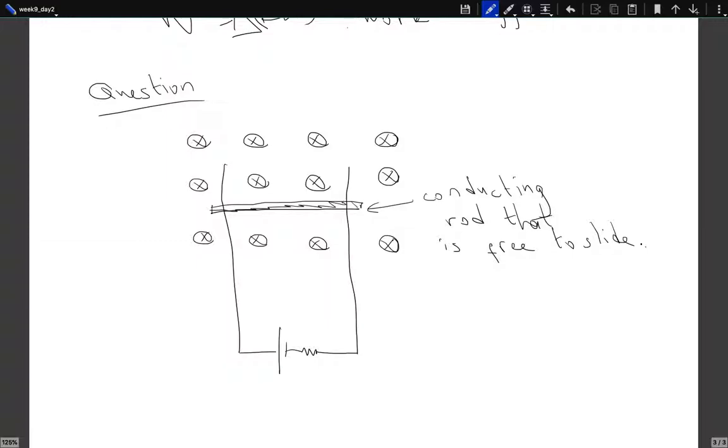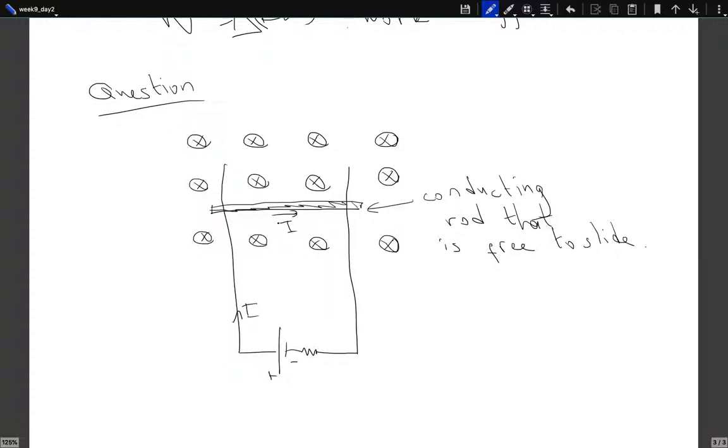So in which way the current will flow? Clockwise or counterclockwise? Well, this is the positive. The larger one is always the positive terminal. The smaller one is the negative terminal. So this is how the current will flow.